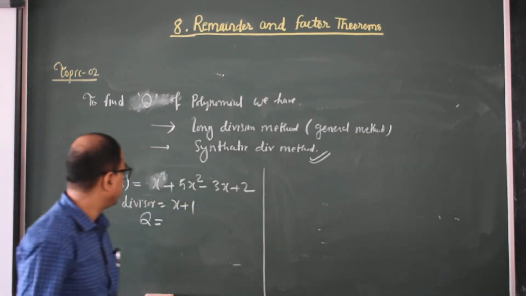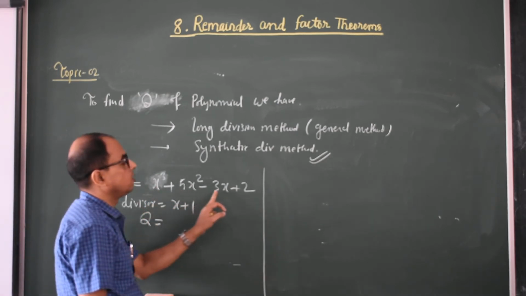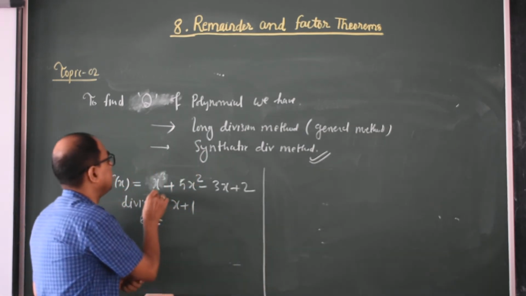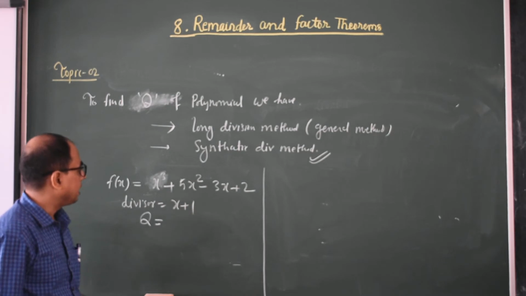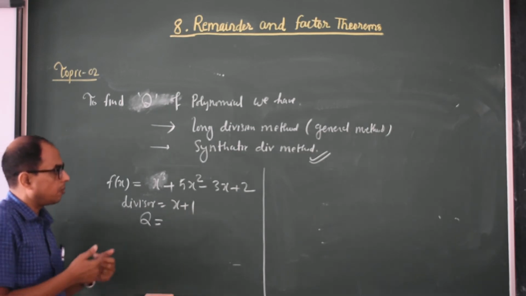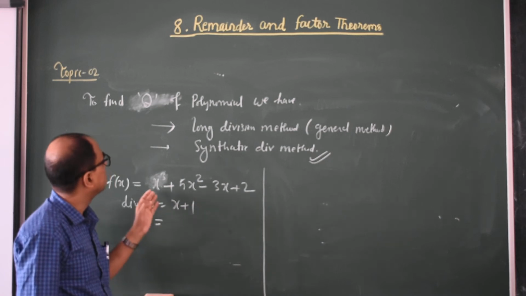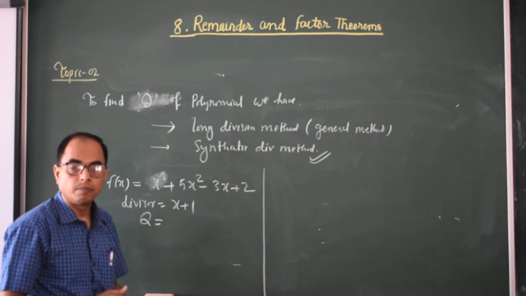To apply the synthetic division method, what do we have to do? First, write the coefficients of the given polynomial. Here the highest degree is x cube, so it must have terms of degree 3, degree 2, degree 1 and a constant term. Clear?